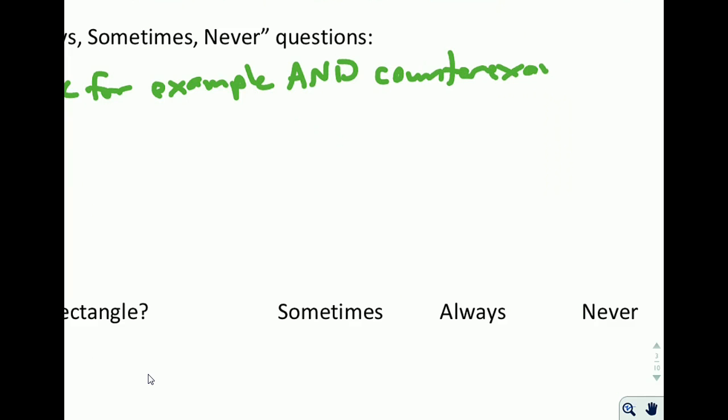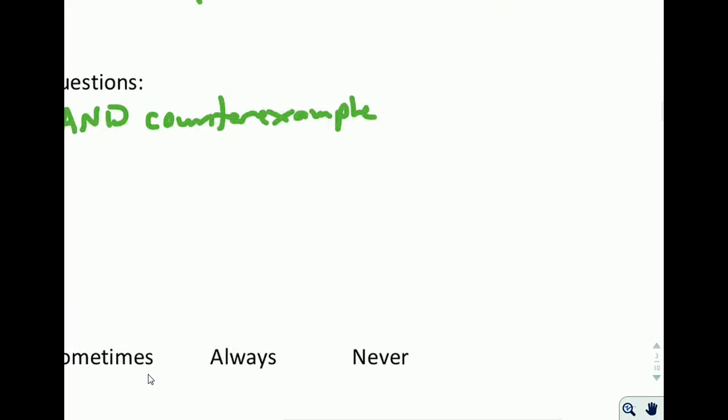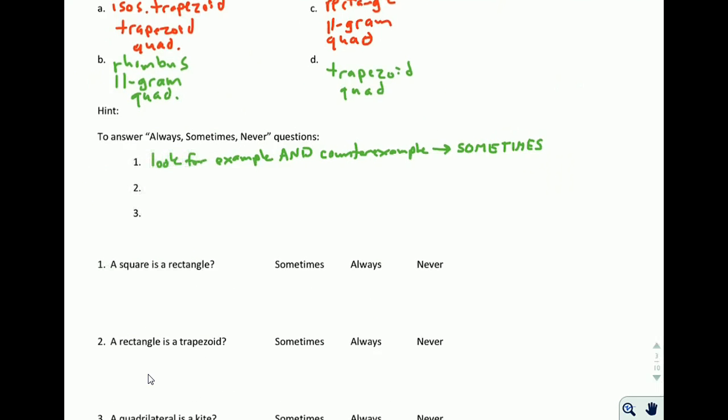And the reason you look for both is if you can find both, you have a guaranteed sometimes. If you can find a time where it is true and a time where it is false, you have proven that it must be sometimes. Now if you can only find an answer that is true, you haven't proven that it is always true, but at least it will help convince you that that might be right.